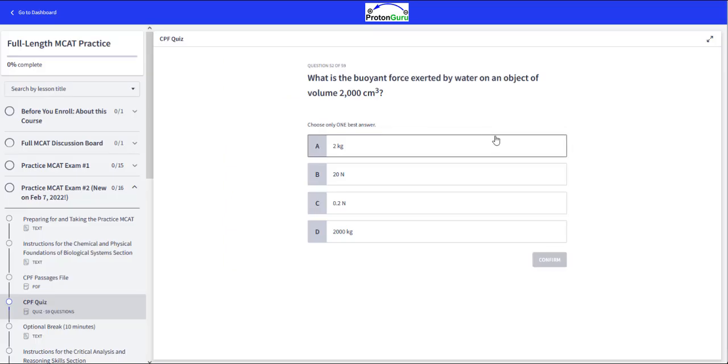So here we are in 52. What is the buoyant force exerted by water on an object of volume 2,000 cubic centimeters? When we look at these answers, only 2 of the answer choices have units of force. Kilograms is units of mass, so right away we can tell it's B or C. And we have 2,000 cubic centimeters. So let's break out our whiteboard.